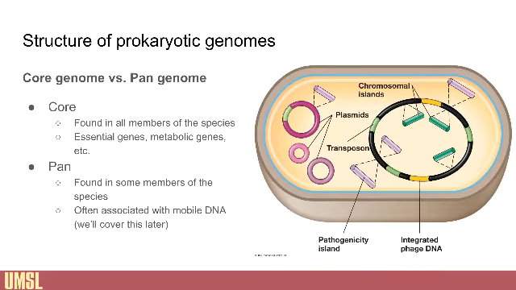We'll get into how this drives a pathogen becoming a pathogen. But importantly, there's the core of what makes this bacterium that particular species, and there's all of the stuff that fluidly moves in and out of this genetic lineage through time. So are there questions about this concept?